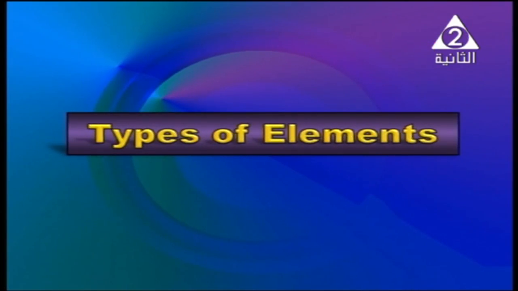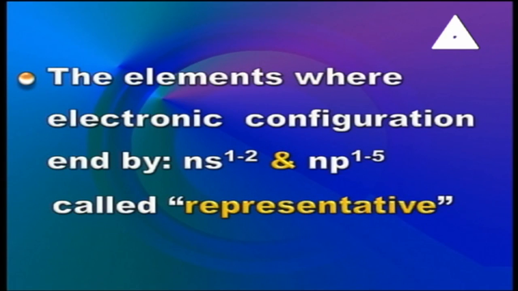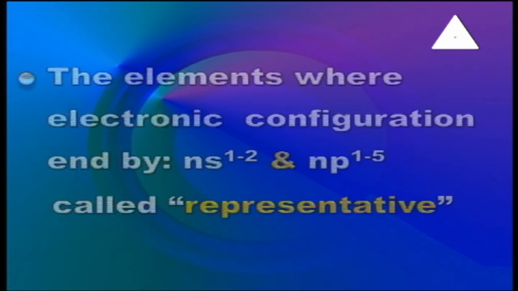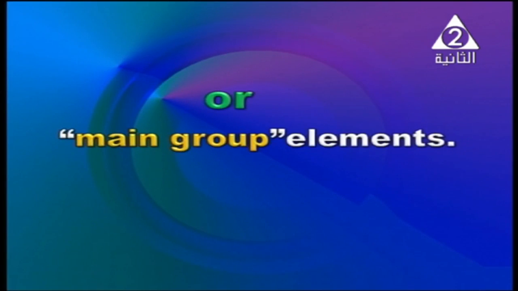Now we are going to discuss the types of elements. The elements whose electronic configuration ends by filling ns 1 and 2 electrons and np from 1 till 5 electrons, where n is the number of the principal energy level in the atom, are called representative elements or main group elements.